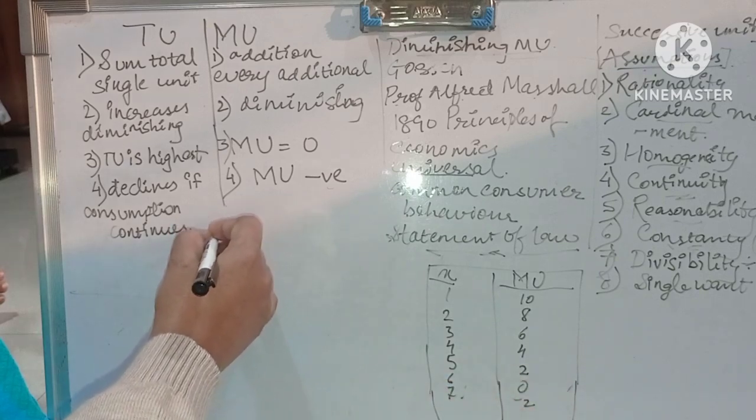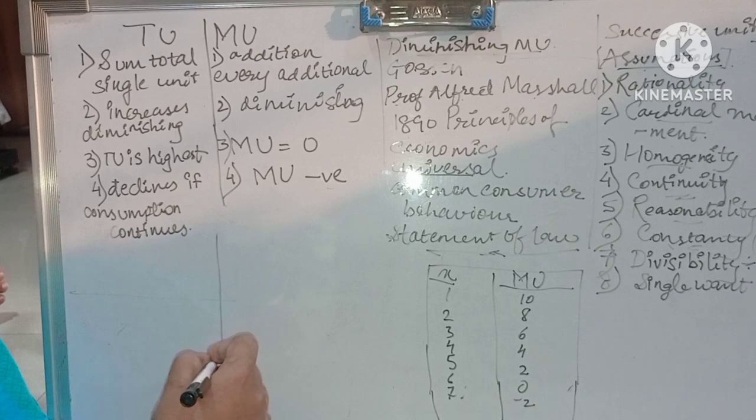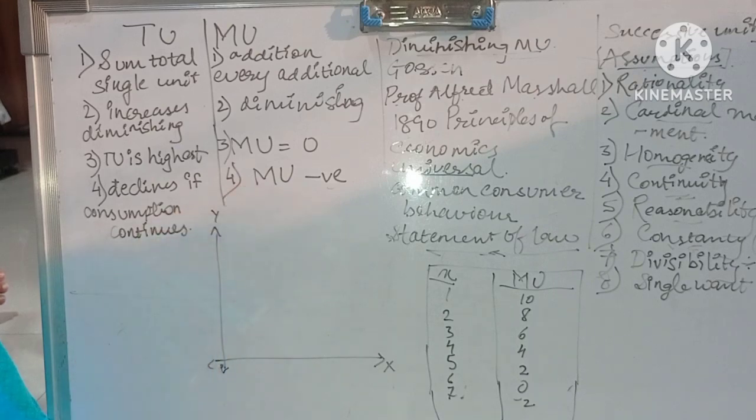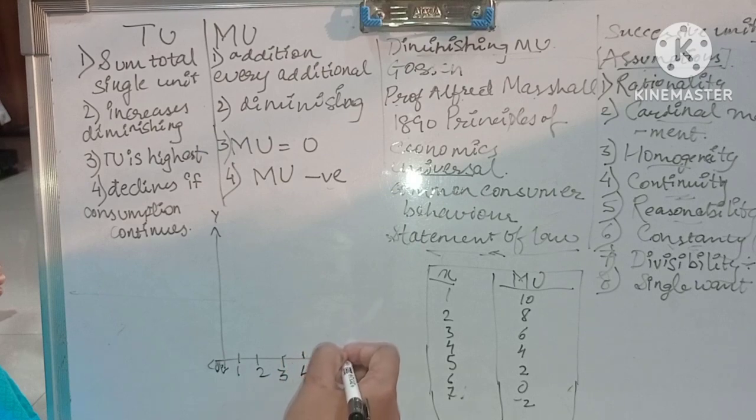Okay, so now this is the x-axis, this is the y-axis. Here this is the commodity. Here it will be 0, here 1, 2, 3, 4, 5, 6 and 7 will come.